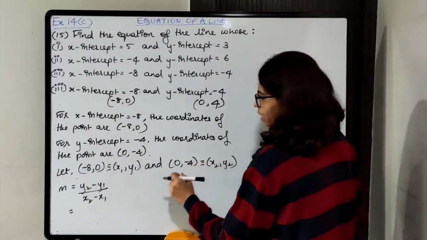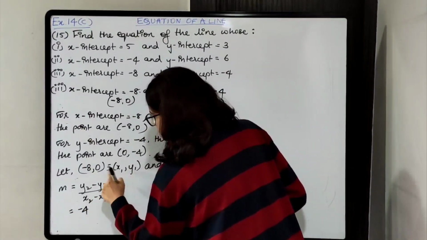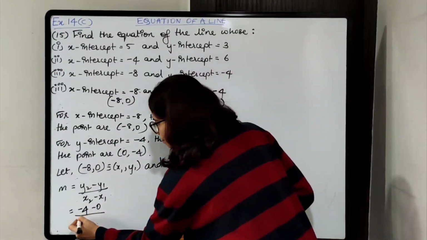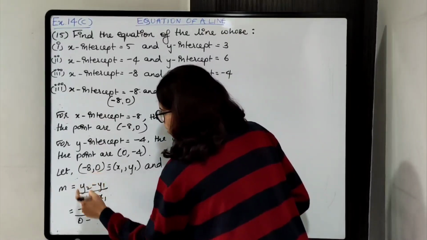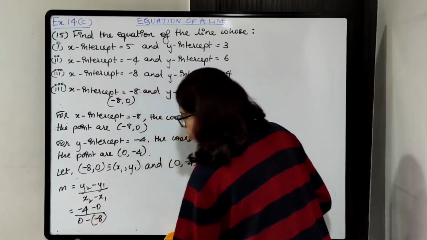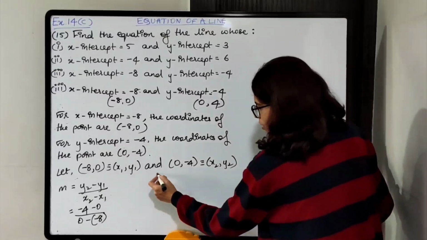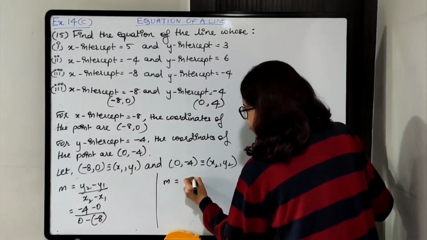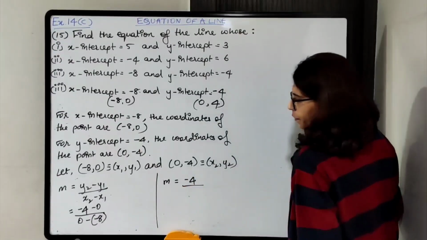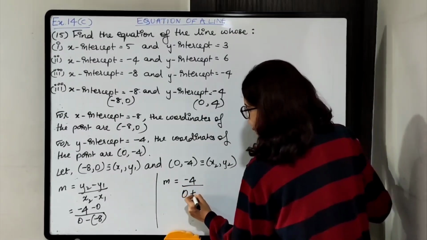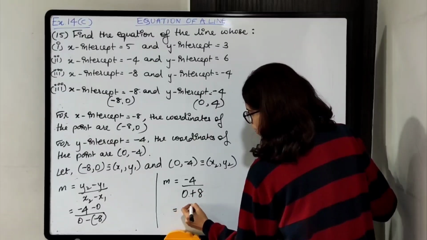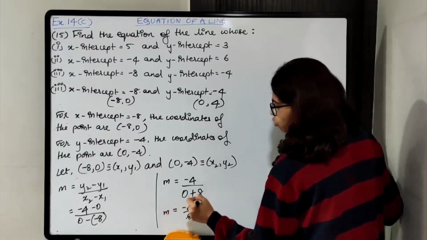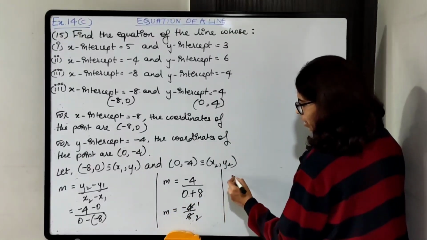So y2 is minus 4, y1 is 0, x2 is 0 minus x1 which is minus 8. So put brackets. Okay. So we are getting m equals minus 4 minus 0 is minus 4, 0 minus minus becomes plus 8. So it is minus 4 upon 8. That is 4 1s are 4, 4 2s are 8. So the slope we are getting is minus half.